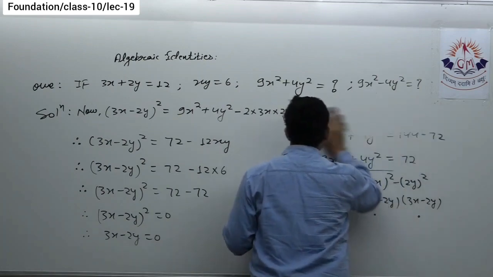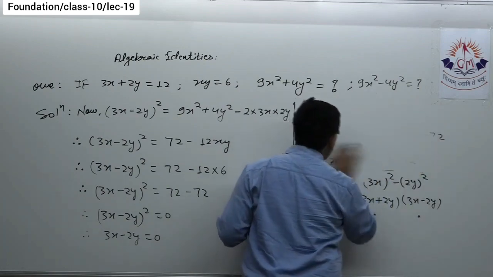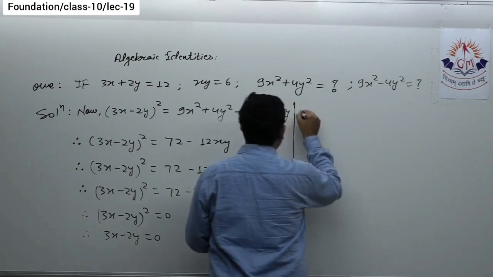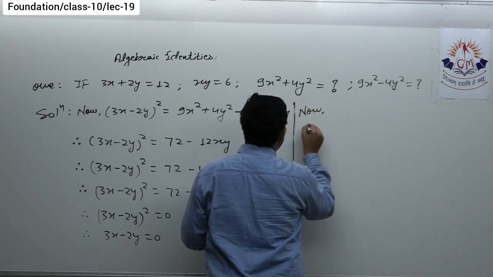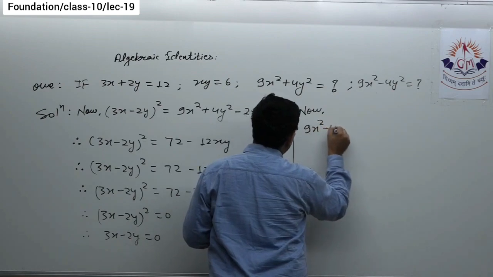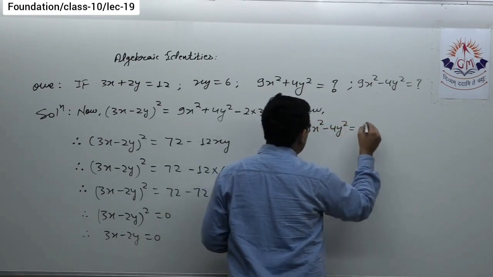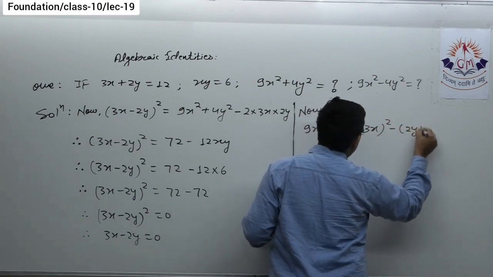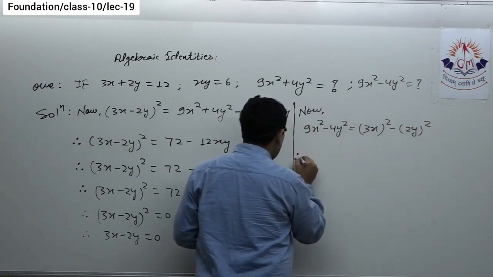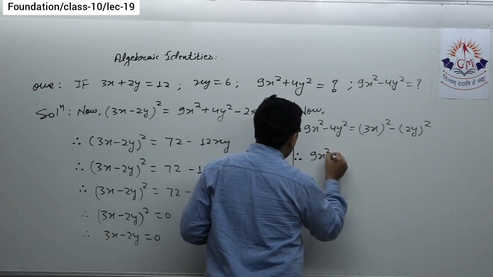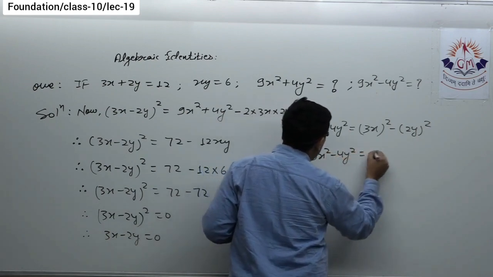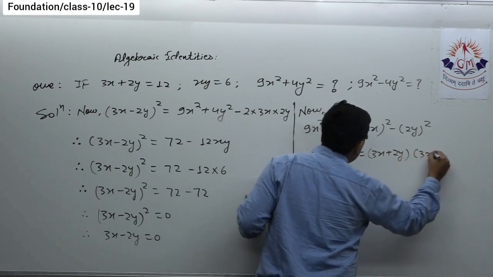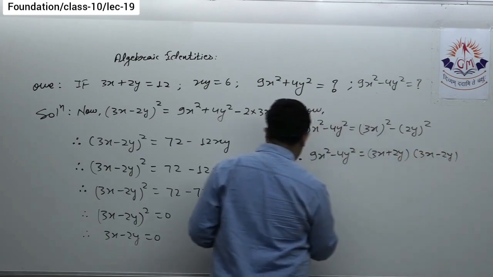Now what I have to find? I have to find 9x square minus 4y square. So 9x square minus 4y square is equal to 3x whole square minus 2y whole square. Therefore 9x square minus 4y square is equal to 3x plus 2y times 3x minus 2y.